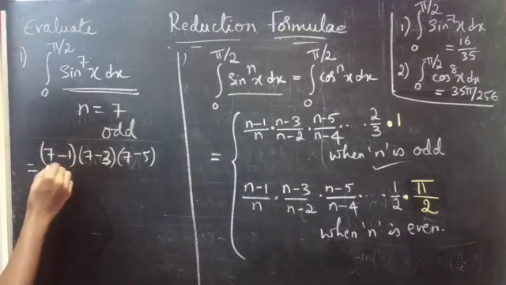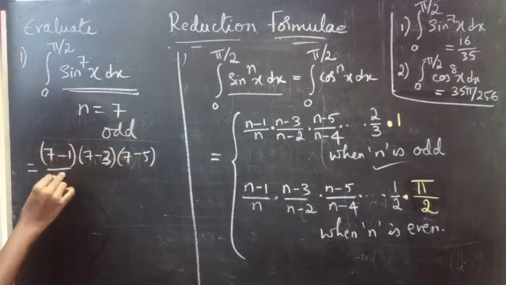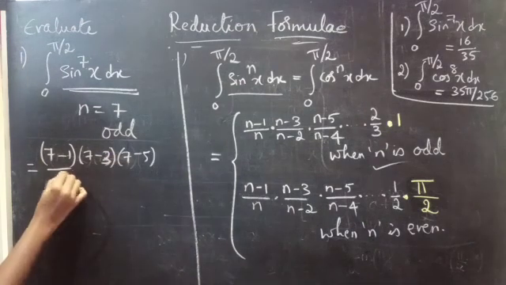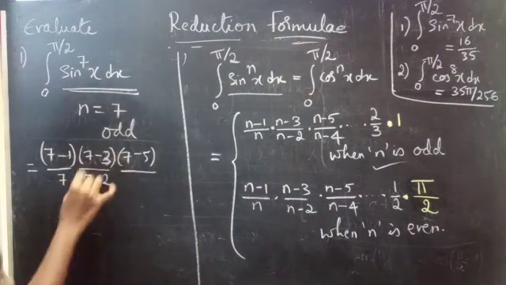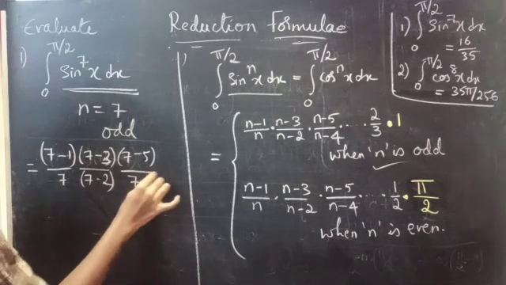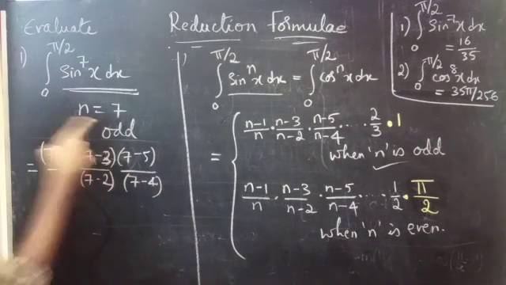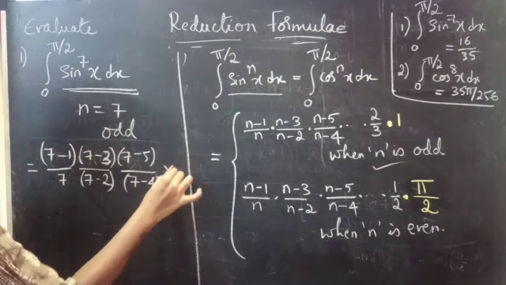Divided by n, that is 7, 7 minus 2, 7 minus 4. Since n is odd, you will include 1.